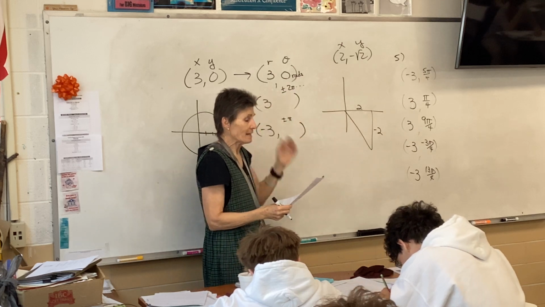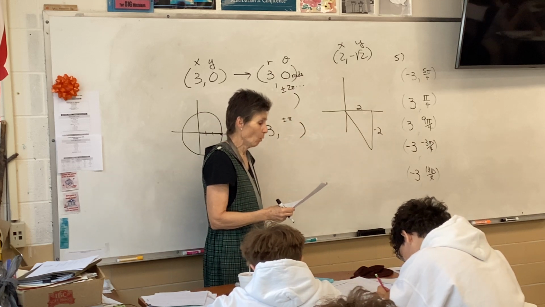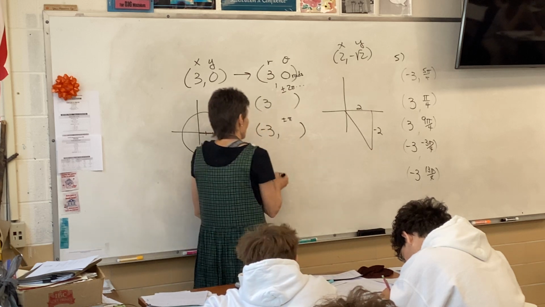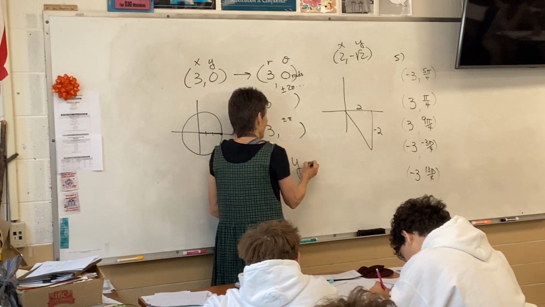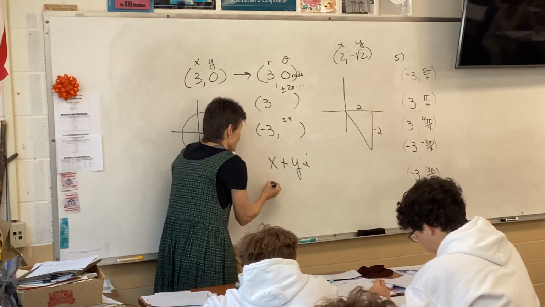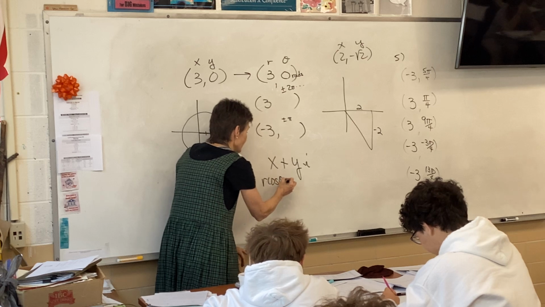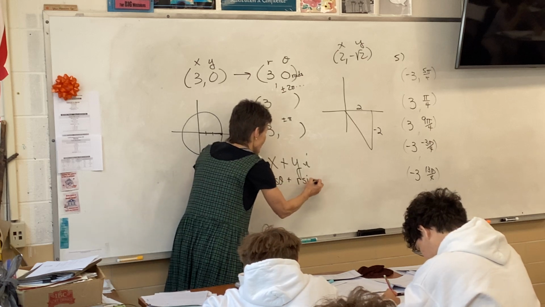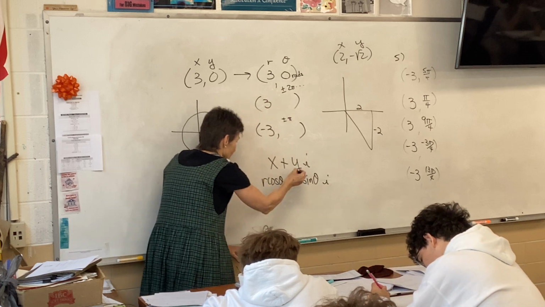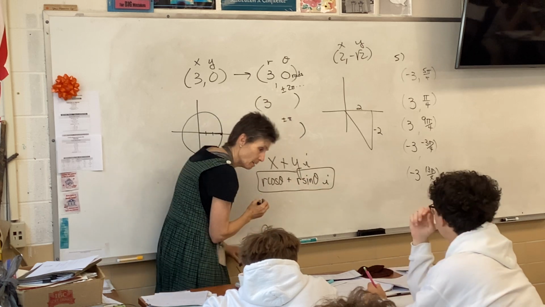I'm writing my number using its polar coordinates. Now remember, the complex number is X plus YI. X is our cosine theta, and Y is our sine theta. So this is how I'm trying to write my number.